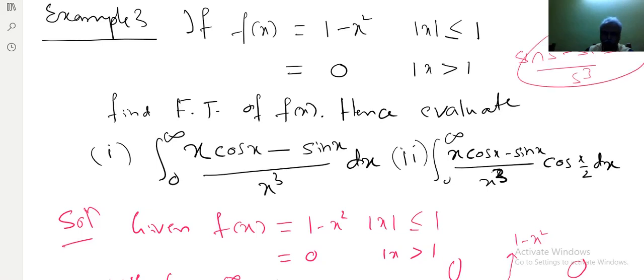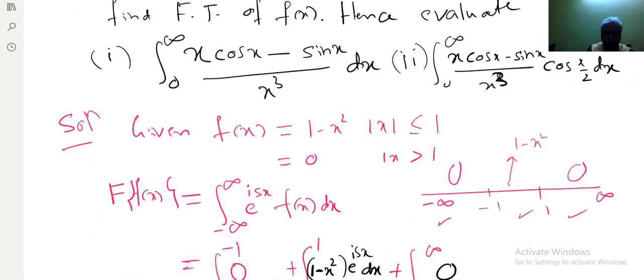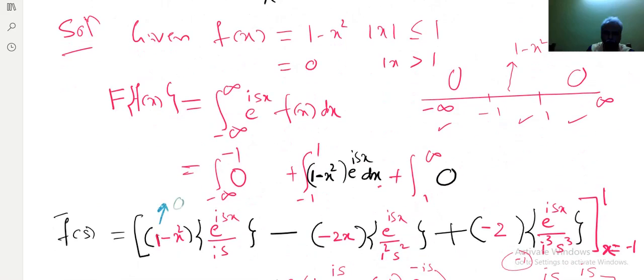Now for the deduction part, there are two functions here, we have to consider the reverse part. So consider inverse Fourier transform.